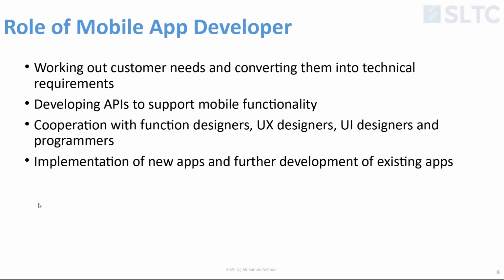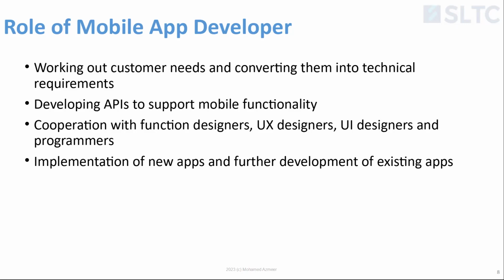Now let's look at the role of the mobile app developer. Right now, this looks like a pretty complicated thing, because look at the points. First, working out customer needs and converting them into technical requirements. I will actually not say mobile app developer, I will say mobile app development team, right?